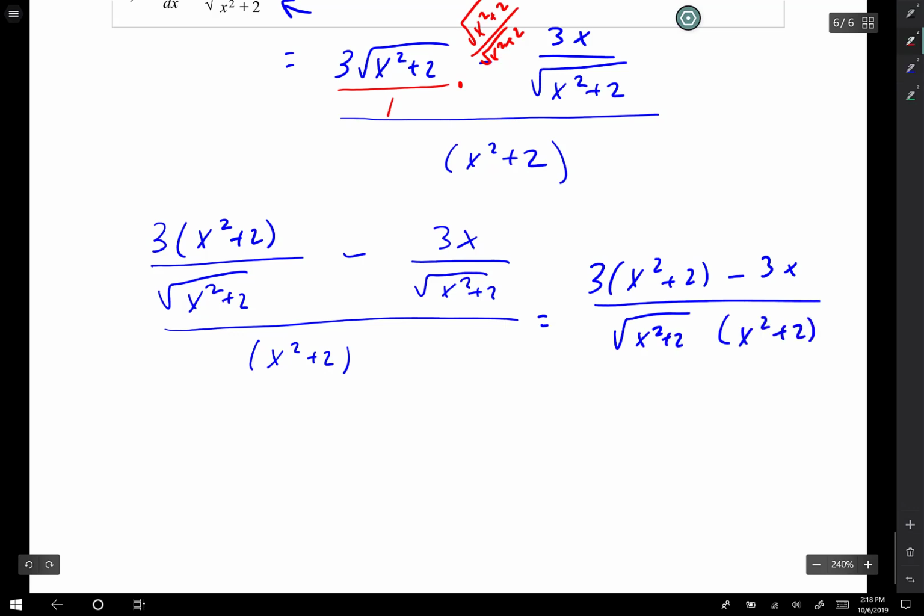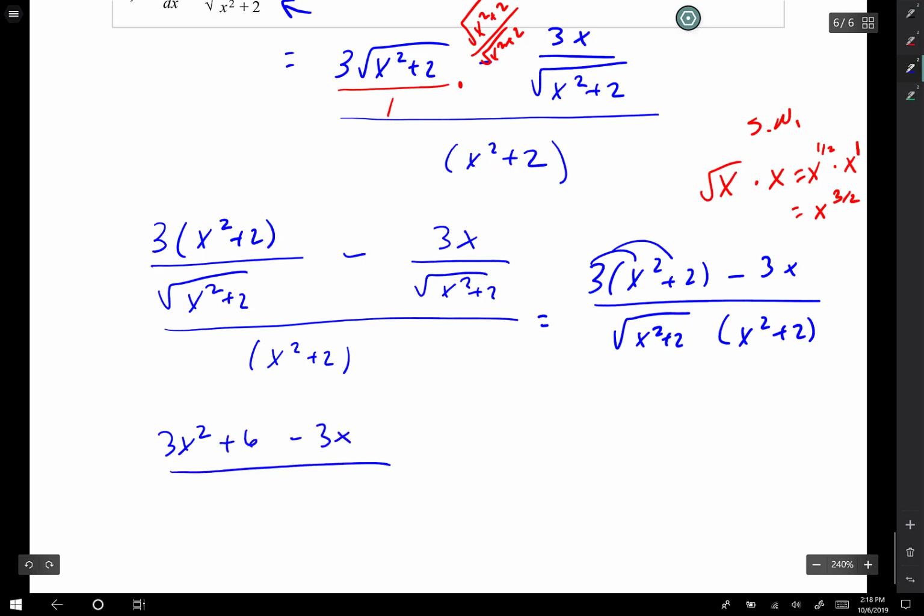Now remember from your algebra day, guys, side note: the square root of x times x is the same thing as x to the half times x, which is x to the power 1, and 1 plus a half is 3/2. So I can rewrite this as, and I'm going to go ahead and distribute as well, 3x squared plus 6 minus 3x all over (x squared plus 2) to the 3/2.